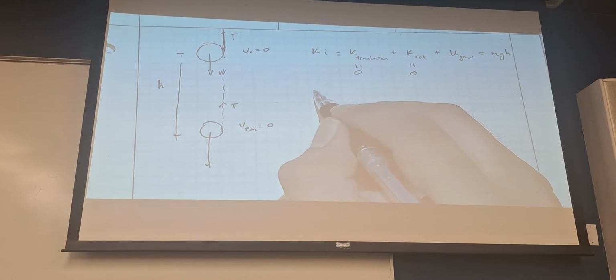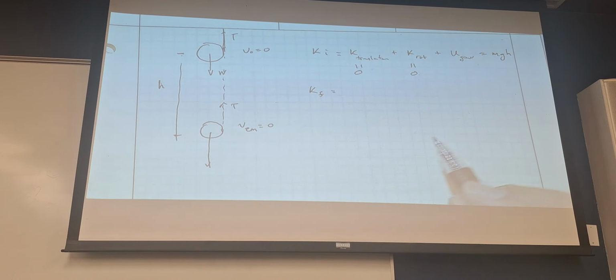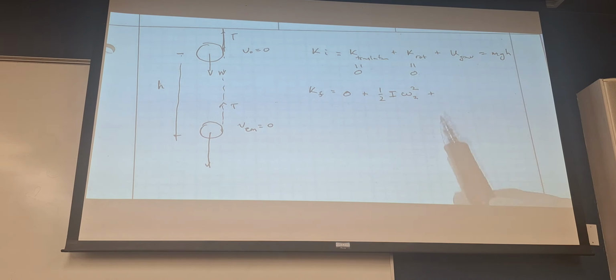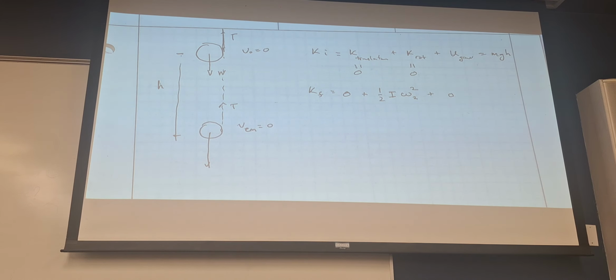And then our final kinetic energy, again, our translational, it's not moving, right? So that's 0. Its rotational, it's spinning, so let's do 1/2 I omega squared. And its gravitational potential energy is spent, so let's just say that's 0 as well.